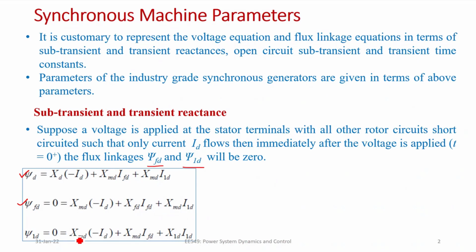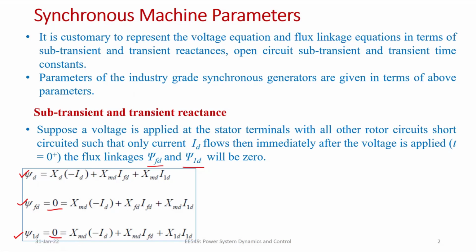Psi 1d equals xmd into minus id, plus xmd ifd, plus x1d I1d. We have already derived these equations, and with this initial condition, as this is the subtransient condition, as soon as the voltage is applied, that means the switch is made on, your psi FD and psi 1D will be 0 initially, right?